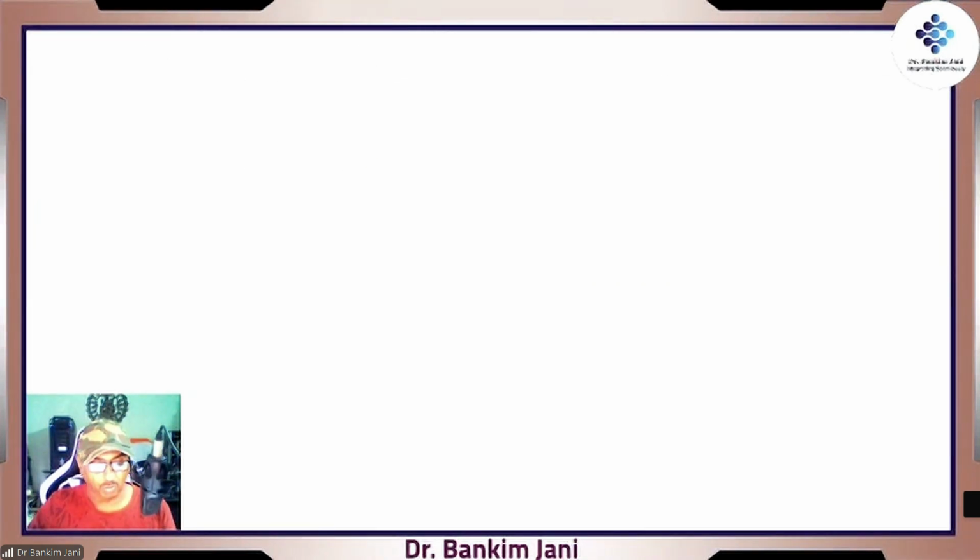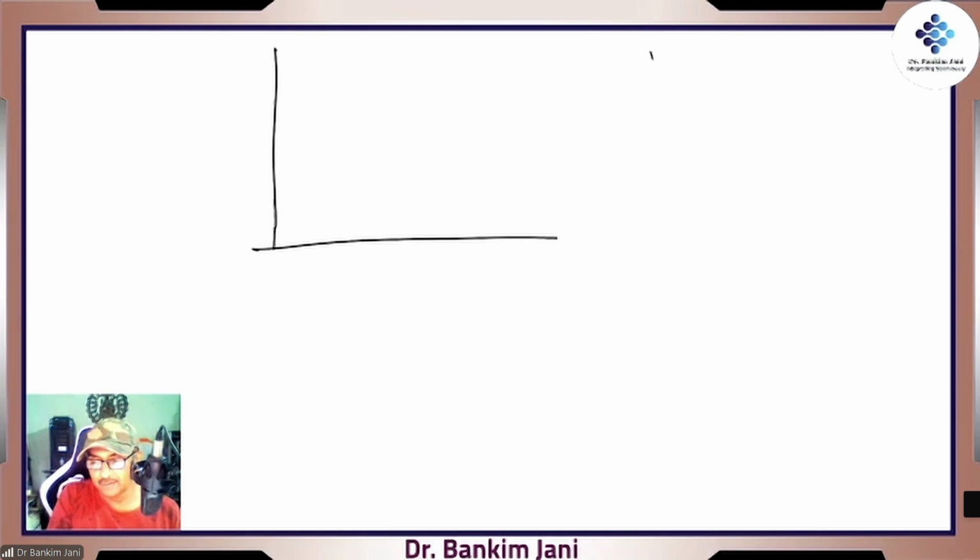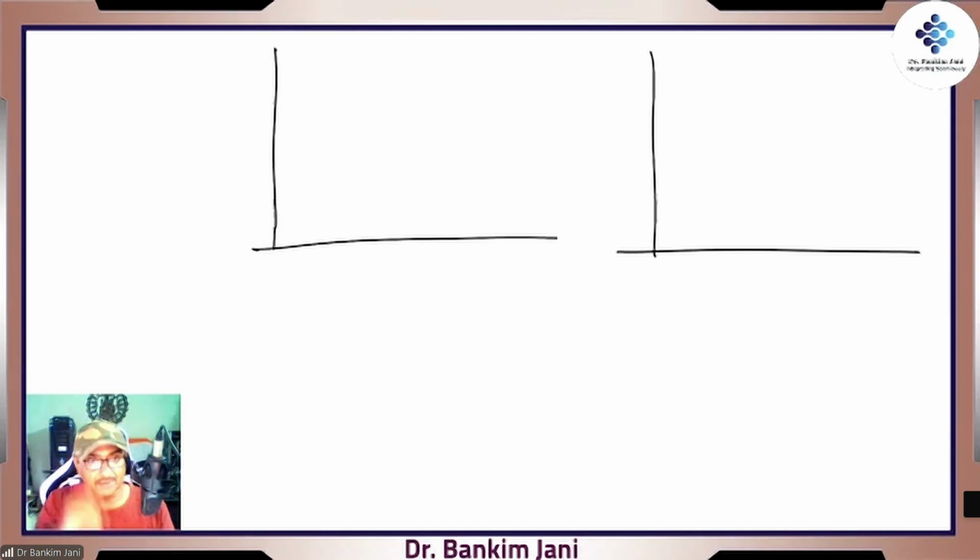Let's see that. If we try to draw the graph, we'll draw the graph simultaneously for the cardiac tissue as well as the pacemaker tissue. So this is our pacemaker. In this, the spike would be like this, and this. We'll be going into the details, but it would be like this.